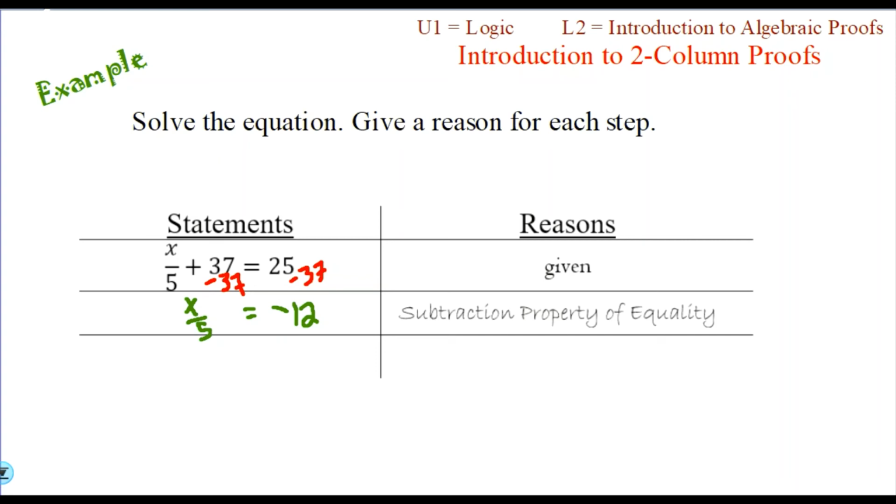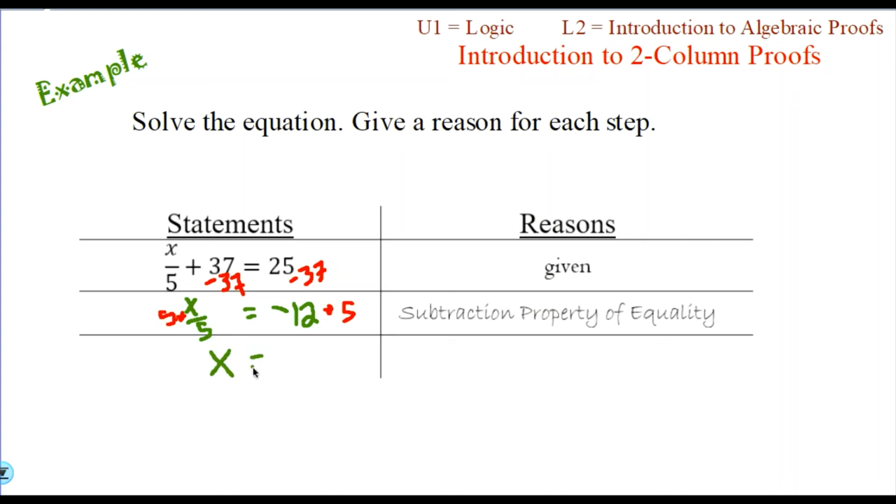And then again, I don't want x over 5, I want to solve for x. So I'm going to take this side times 5, and I'm going to multiply this side times 5. And that's going to give me, if I divide x into 5 pieces, and I take 5 of those pieces, I have 1 whole x.